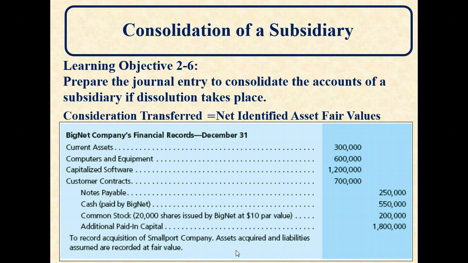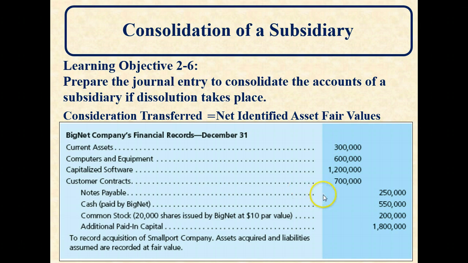We paid $2 million for 20,000 shares, but we show common stock as just the par value of the stock, and then any amount we paid above and beyond goes into additional paid-in capital. Then we show the amount we paid in cash, $550. Then we show the fair value of the various assets and liabilities.